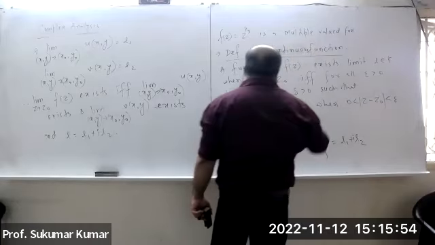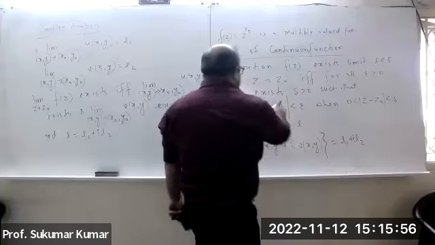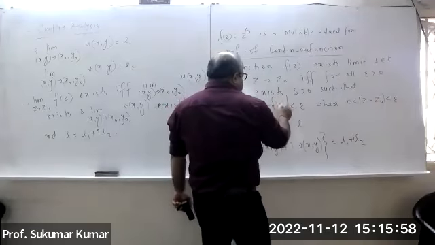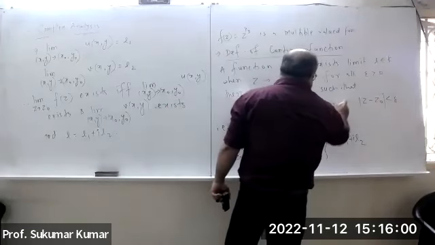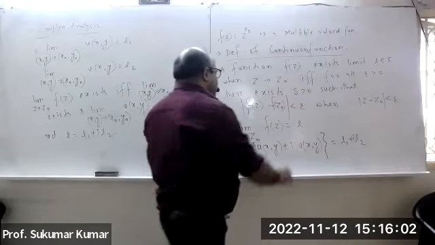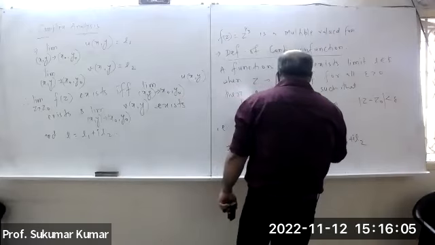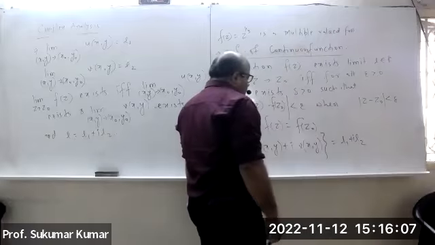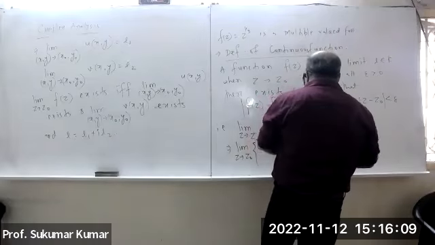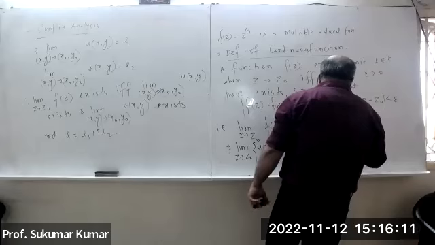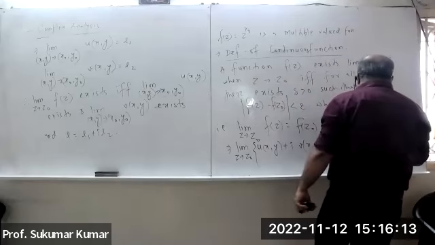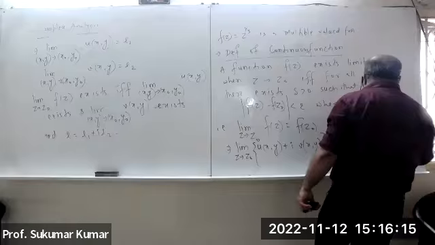Continuous function is also the same. The limit will be f of z naught. And here the deleted neighborhood won't come. Here u of x naught y naught plus i v of x naught y naught will come.